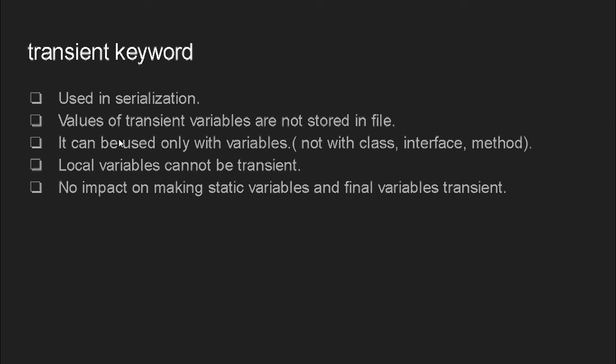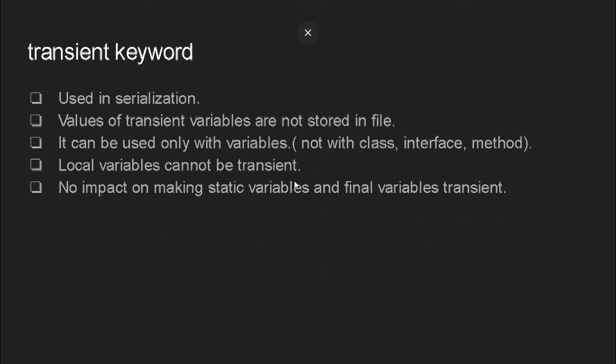Whenever you use the transient keyword, the variable's value is not stored in that particular file. One more thing you need to remember is that the transient keyword cannot be used with methods, classes, or interfaces. It can only be used with variables. Another thing is that local variables cannot be transient. You cannot declare a local variable as transient.